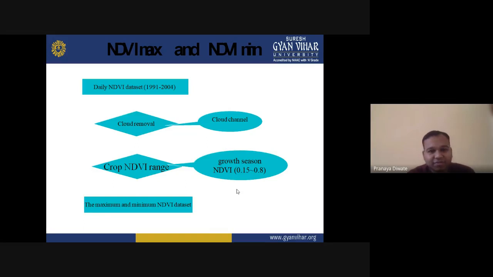This is also a vegetation index which we use to know about the vegetation of that particular area. For the calculation of the long-term pattern of the area, you need cloud removal or a cloud channel. Removing cloud is very necessary to have a good result.